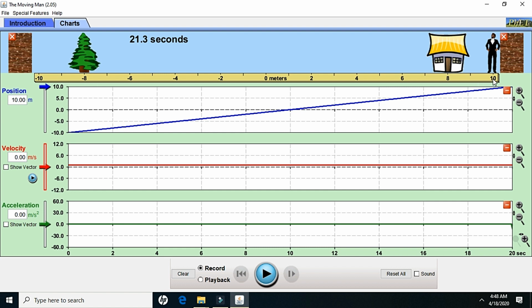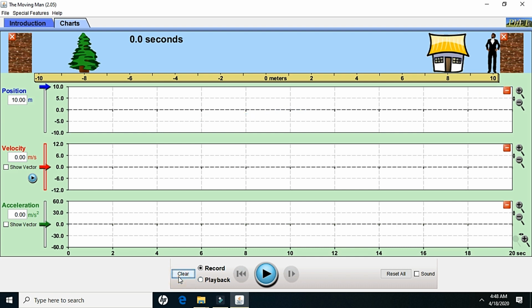Coming back. Again, if we change the velocity to 2 meters per second, and let us change the position also. So now we have the position at minus 10 meters and velocity is 2 meters per second. Let us see what happens. He is moving a little bit faster because velocity is increased now, and position is also increasing.